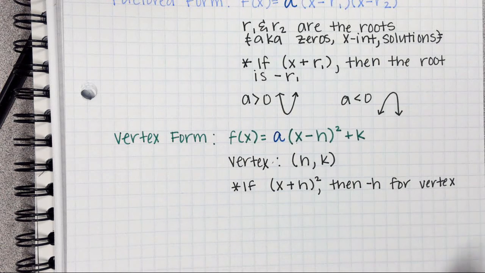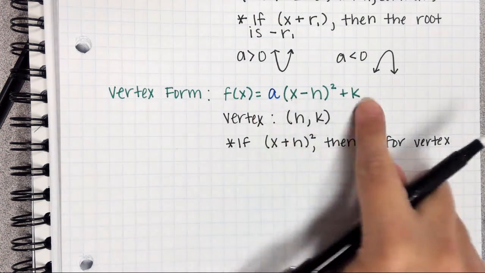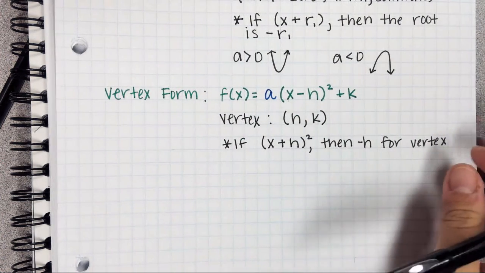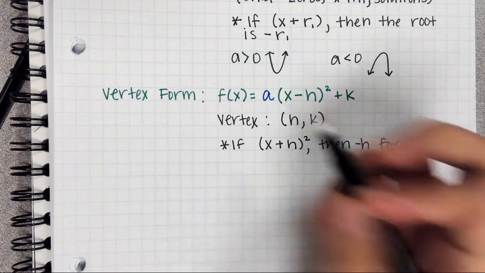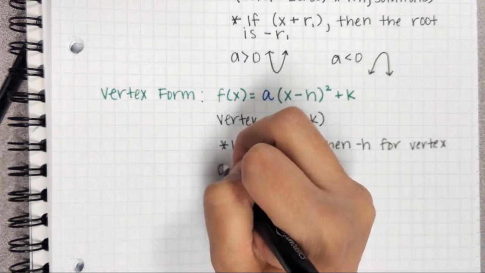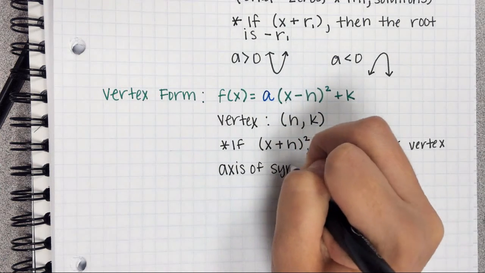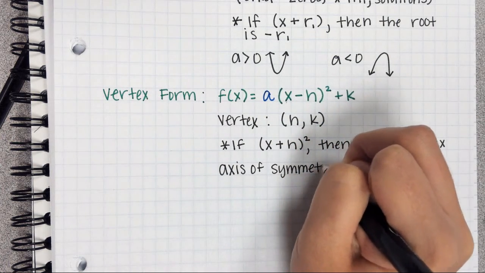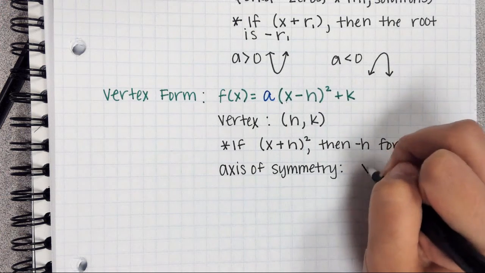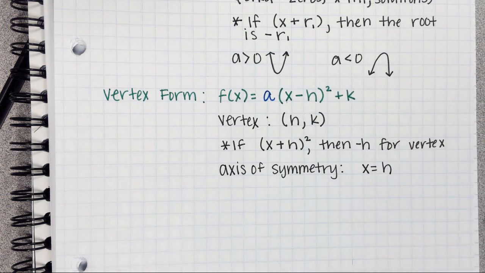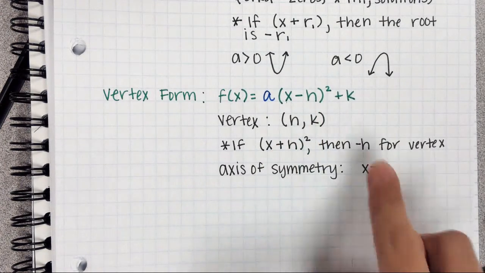And then from here, you can also easily find your axis of symmetry. Your axis of symmetry is x equals h. Again, if h is positive, then that would be a negative h right there.